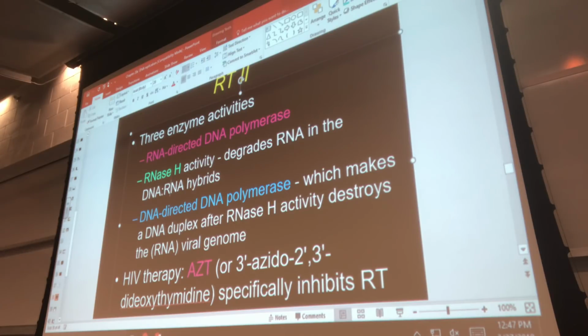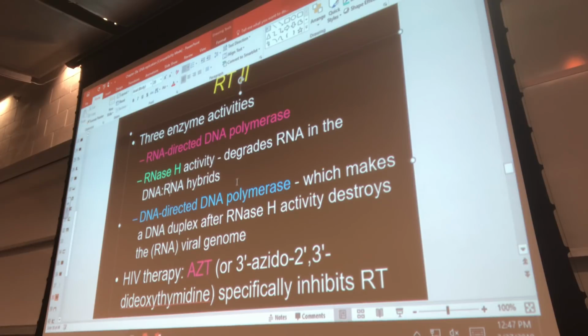The very last activity is now that you've created your brand new DNA that was made from RNA, this last activity, DNA-directed DNA polymerase, will look at that new DNA that you made and use that as a template to make more DNA. That is what the third activity of reverse transcriptase does.